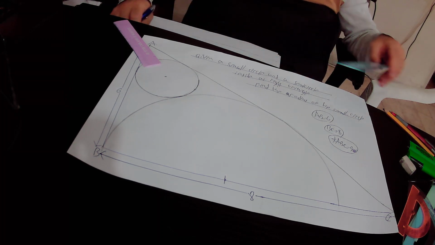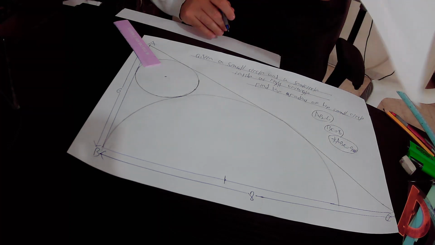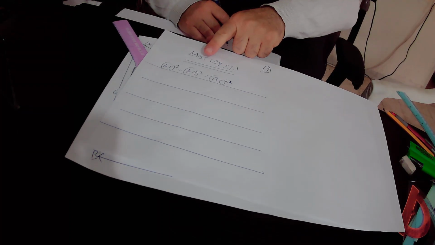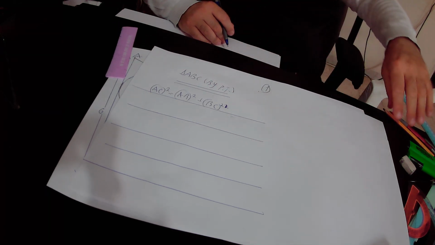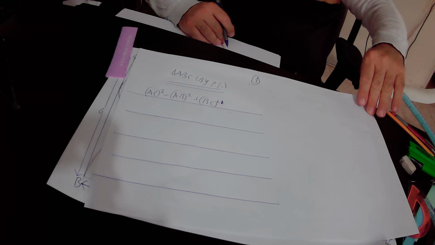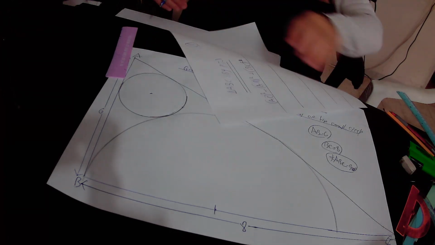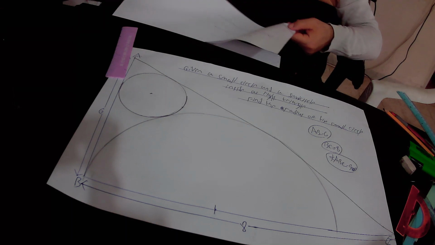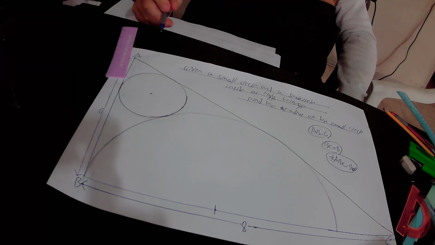Okay, again, according to the Pythagoras theorem, in the right triangle ABC, AC squared equals AB squared plus BC squared. AC is the missing side, so we will leave it as it is. So AC squared equals AB squared.